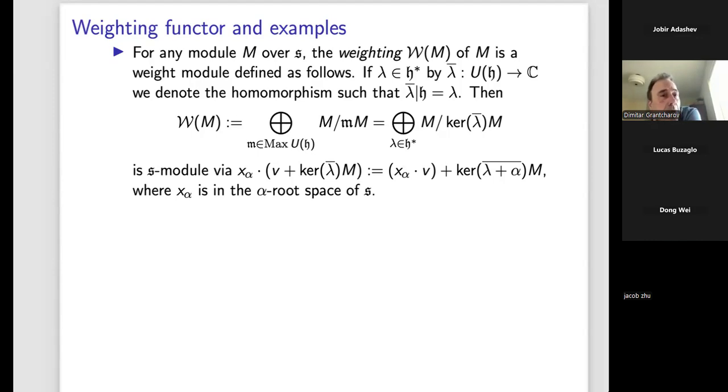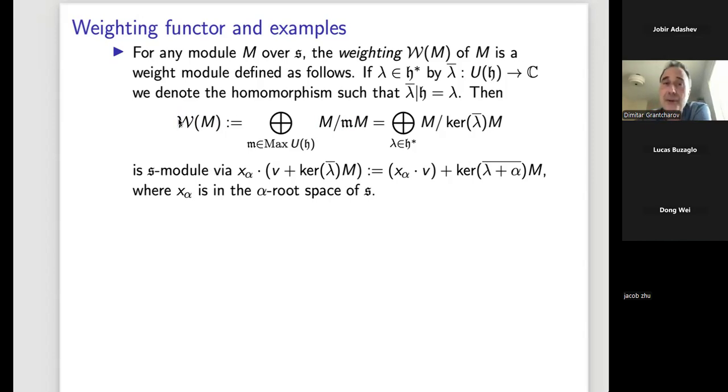And this is due to this weighting functor, which appears first in a paper of Nielsen. Nielsen credits Mathieu for the idea. It is a functor that somehow makes weight spaces, and as a result produces a weight module. If M itself is a weight module, this W of M is simply isomorphic to M.